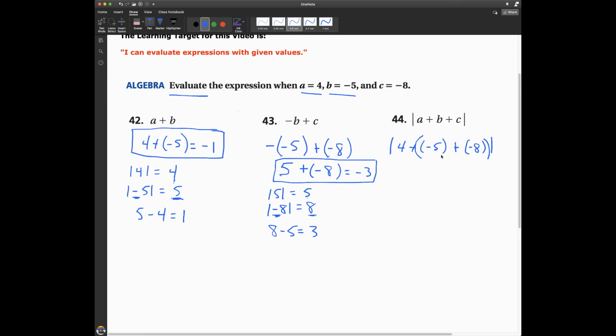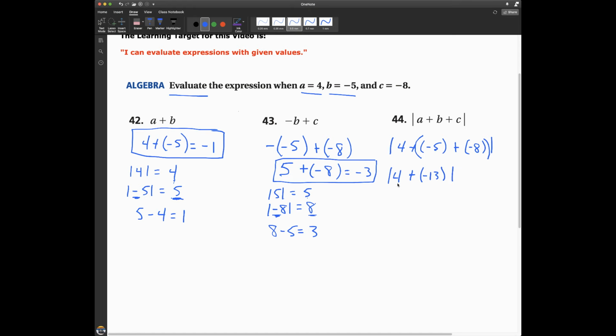I'm going to add these two integers together because they have the same sign. 5 is the absolute value of -5, and 8 is the absolute value of -8. So add 5 plus 8 together, and you get 13, but I keep the sign. Same sign, add, and keep.